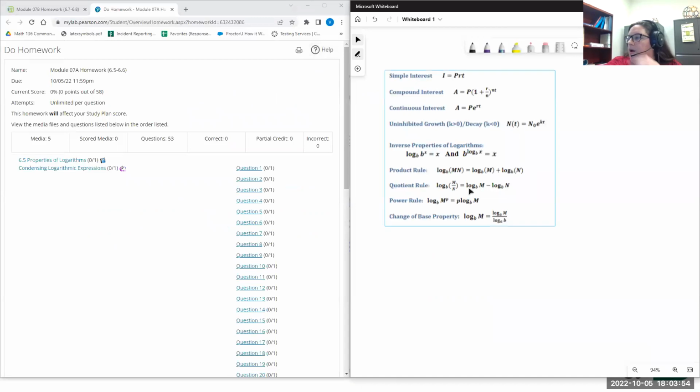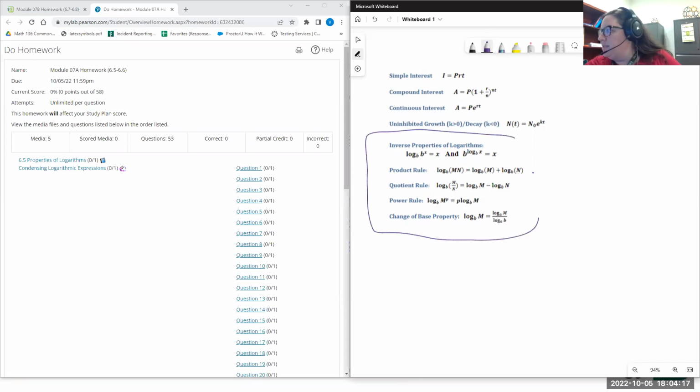So first thing I want to draw your attention to is the majority of what's on the formula sheet. This is just a screenshot of part of the formula sheet that would be relevant to the final exam. You see almost all of this is logarithm properties, but we also have a few things from section 6.7 and 6.8.